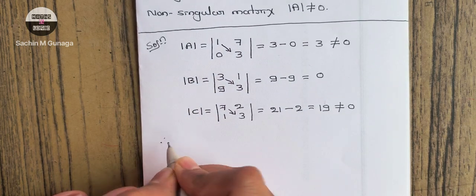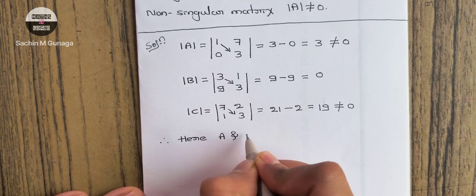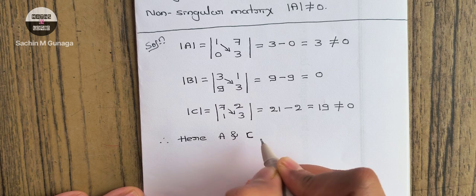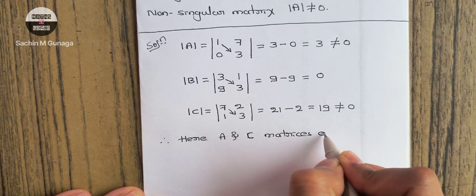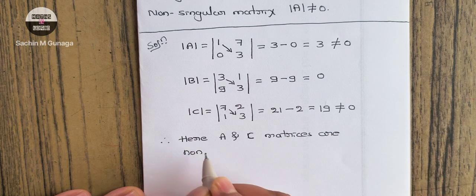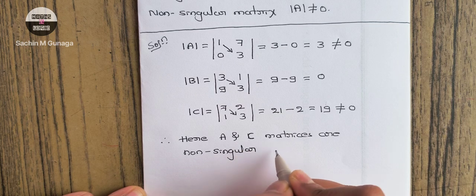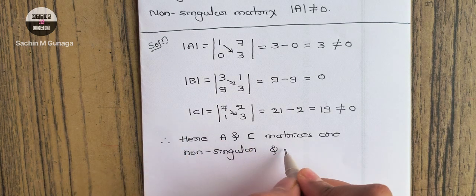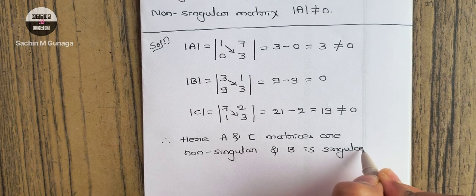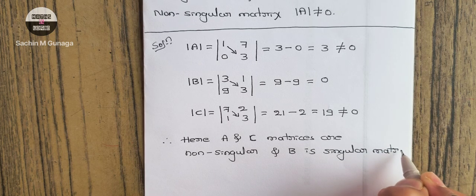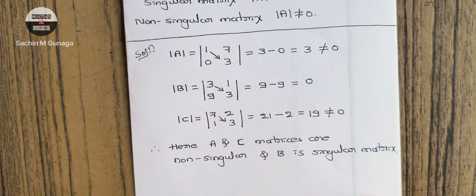Therefore here, matrices A and C are non-singular and B is a singular matrix. So this is the solution.